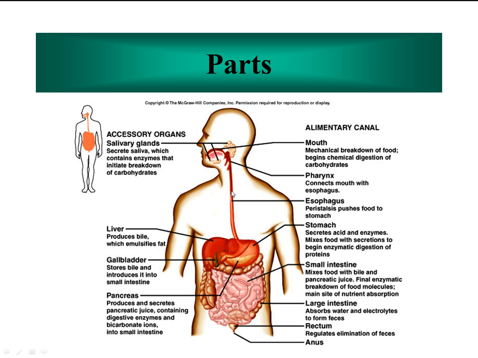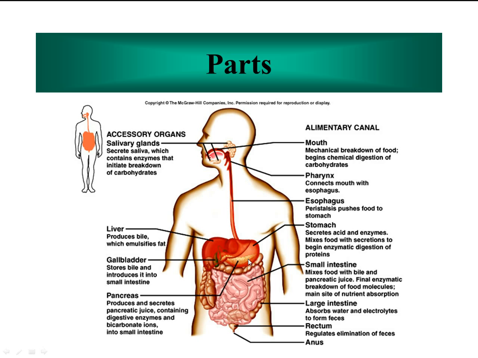The esophagus carries food down to the stomach, and the liver releases enzymes that aid in digestion in the stomach, and then the gallbladder stores bile and introduces it into the small intestines. The stomach has two layers of smooth muscles that help to churn the food, and we're going to look at that again in just a minute.